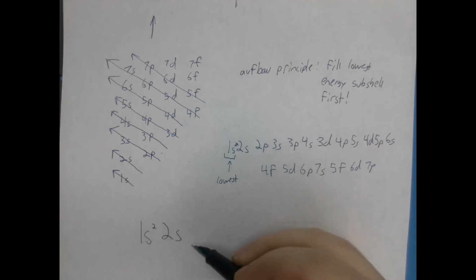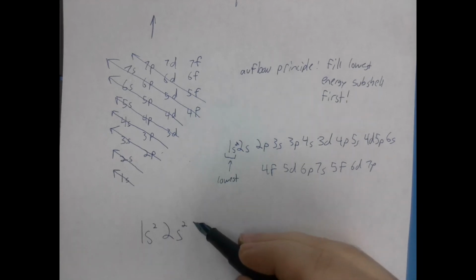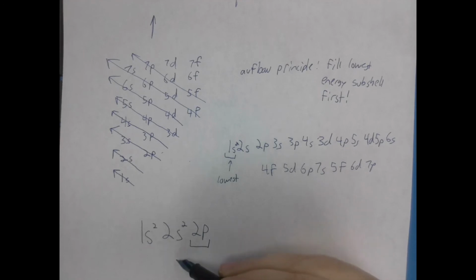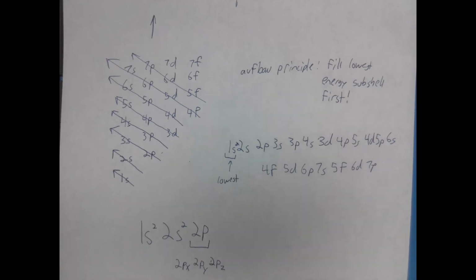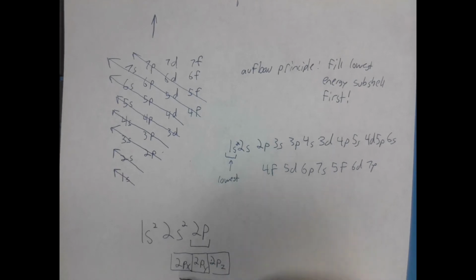Again, for 2s, at most 2 electrons can exist in the s orbital. For p, this represents the entire set, so this right here represents 2px, 2py, and 2pz. So there are 3 p orbitals. Each one can have 2. And so we get a total of 6 electrons.